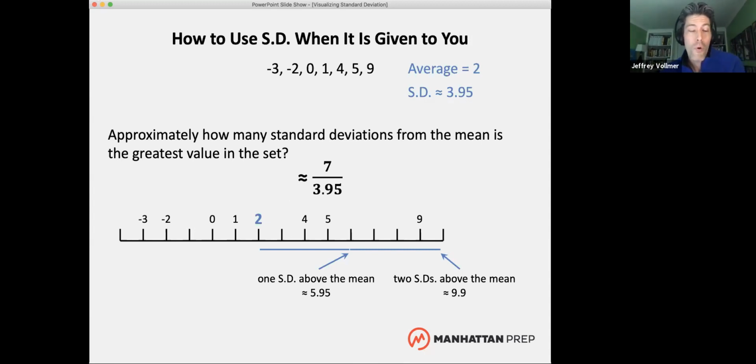This should be a little bit more than 1.75, because if you decrease the denominator in a fraction like this, if you make its magnitude smaller, then the magnitude of the entire thing gets larger, right? Like 7/3 is bigger than 7/4. So 7 over 3.95 should be a little more than 7/4.